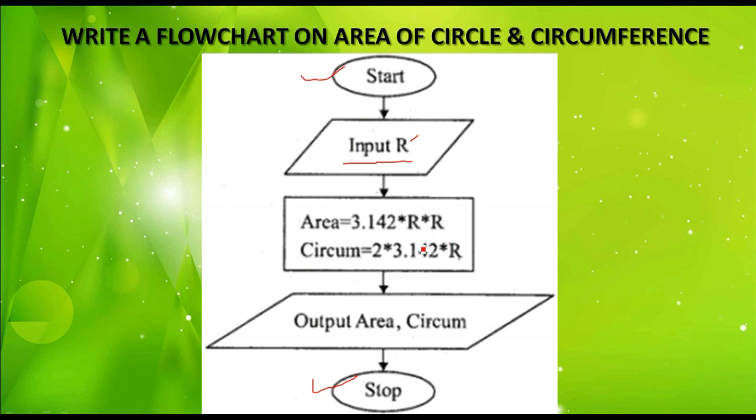Similarly for the circumference, 2 into pi into r, that is into radius. So this is the formula for circumference, and this is for the area, pi r square. Thereafter we are displaying the output, that is area and circumference.